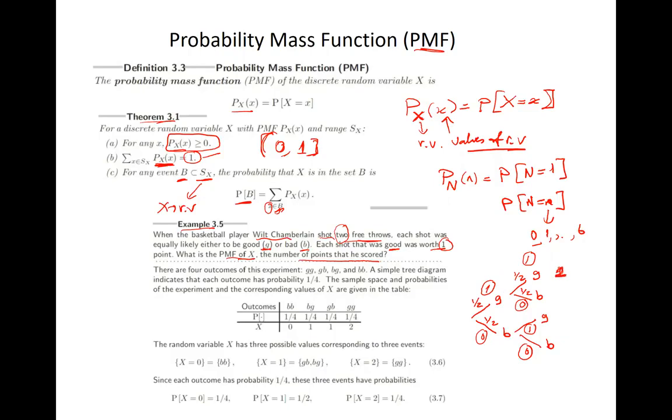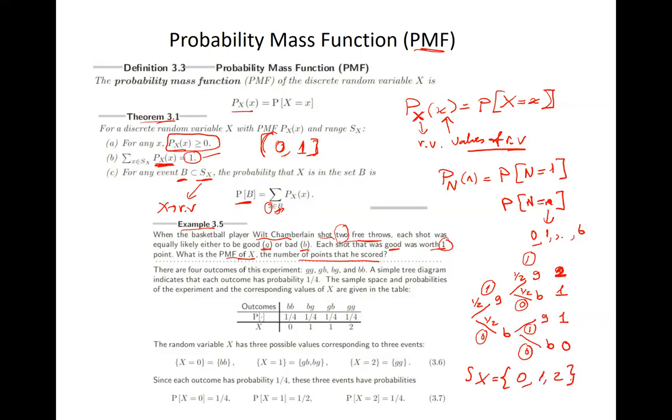So 1 plus 1, 2 points. And first good, bad, 1, 0, so 1. Bad, good, 1. And bad, bad, 0. So the range of X, then, could be 0, 1, and 2.